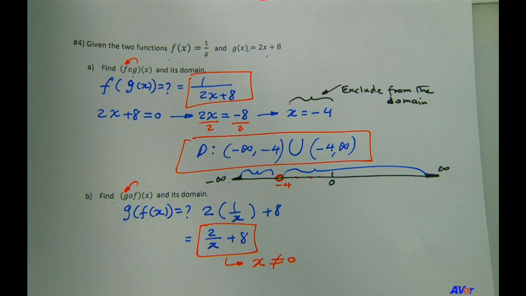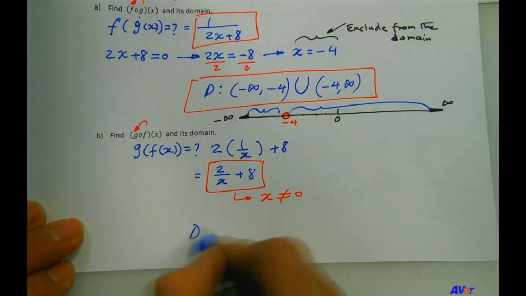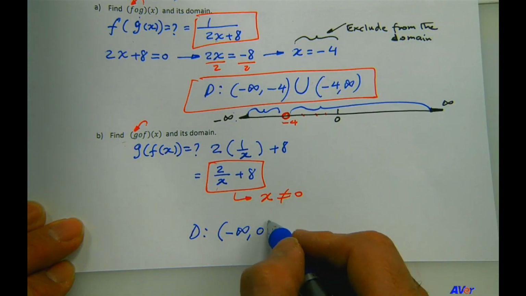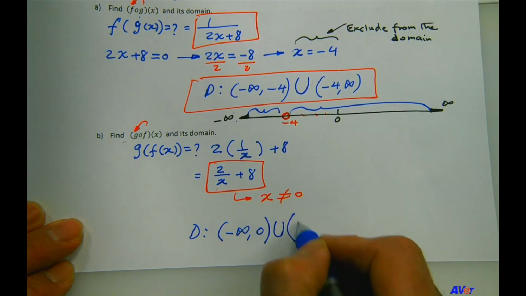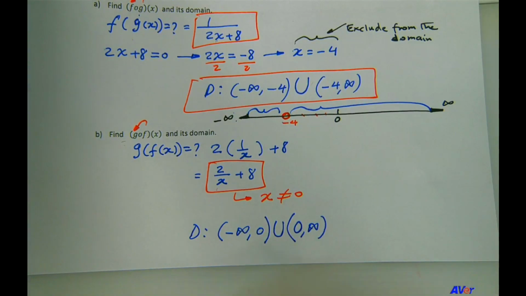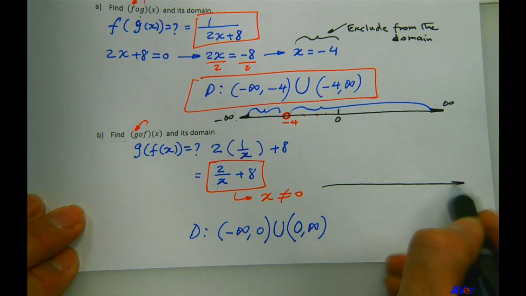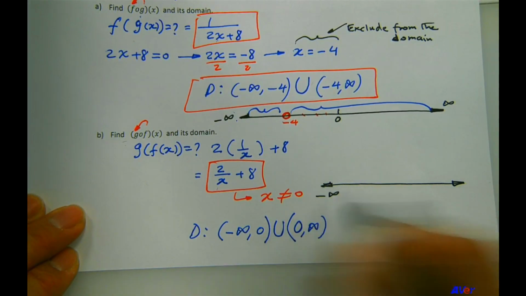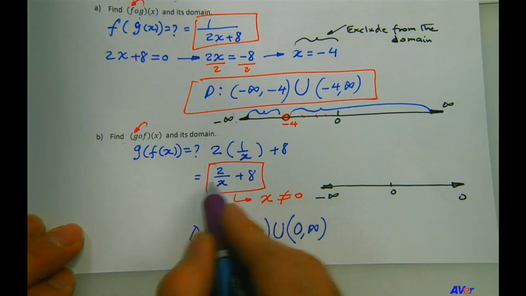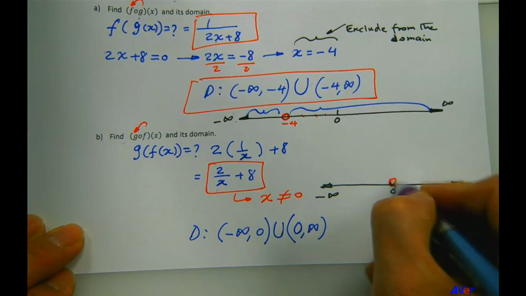Those are the only two domains that must agree when we determine the domain of the composite function. So we write down the domain: negative infinity to 0, parenthesis, because we're excluding 0, union, parenthesis again, 0, comma, infinity. And that's because if we draw a graph here, we've just decided that x equals 0 cannot be part of the domain, right?